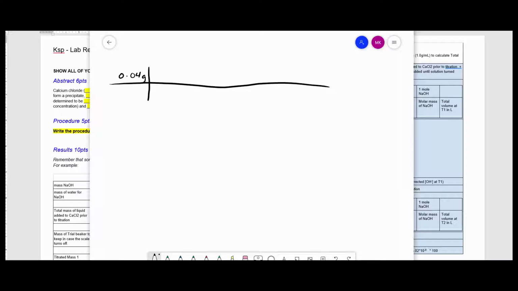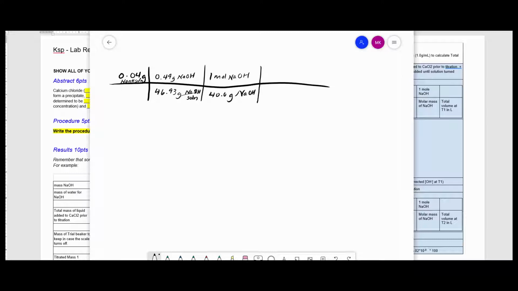But this is a sodium hydroxide solution, and how did we make that solution? Well, I took 0.49 grams of sodium hydroxide and I made 46.93 grams of sodium hydroxide solution. You see how the grams of sodium hydroxide solution cancel out, so now I have grams of sodium hydroxide. Well, 1 mole of sodium hydroxide is about 40 grams of sodium hydroxide. So now I've converted into moles, and that's fantastic.